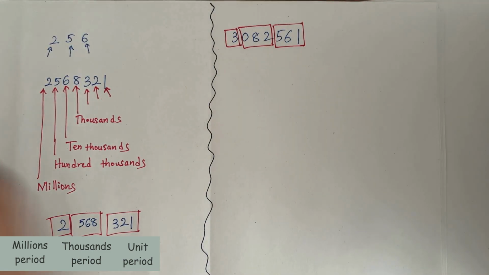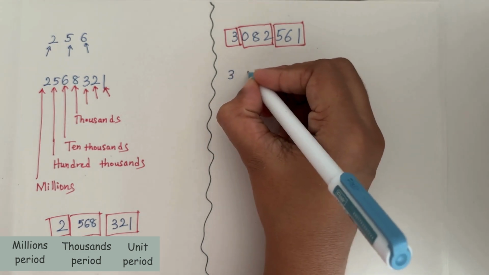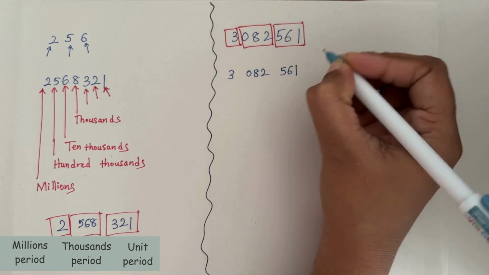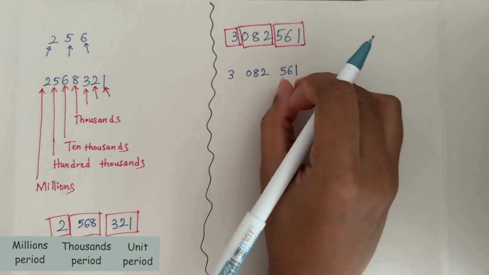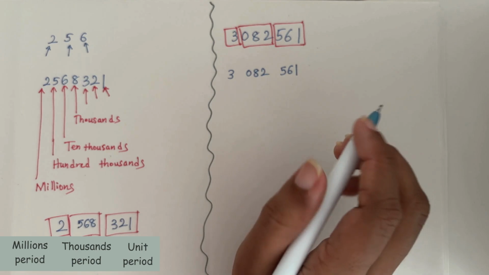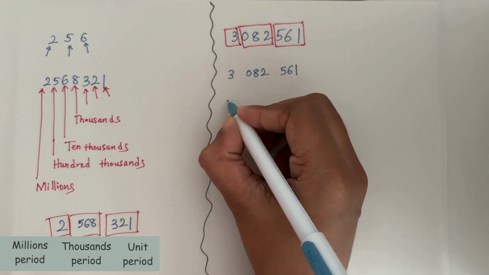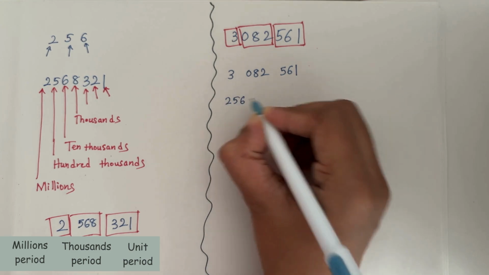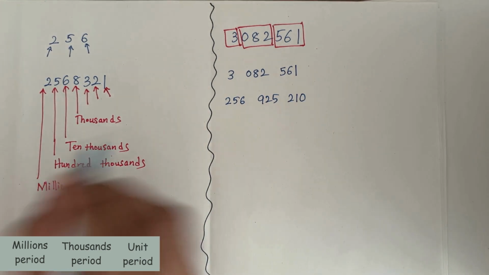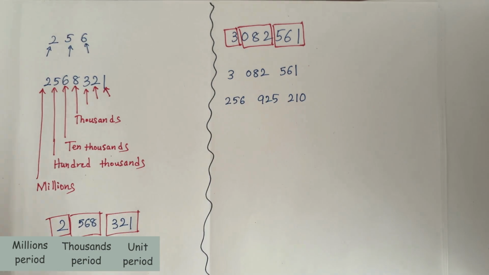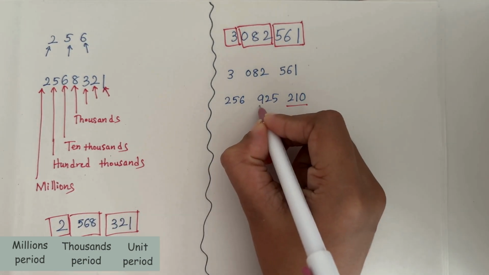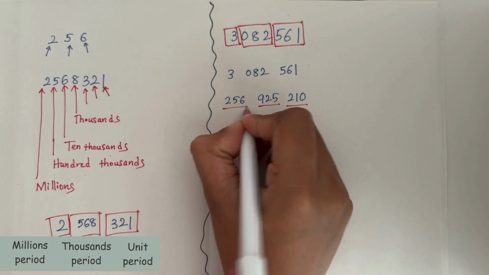So we can write this number by grouping into periods. Okay, the digits in the same period together. This is how we write such big numbers. Or we have, let's say, another number. So again, what's this period? Unit period, thousands period, millions period.